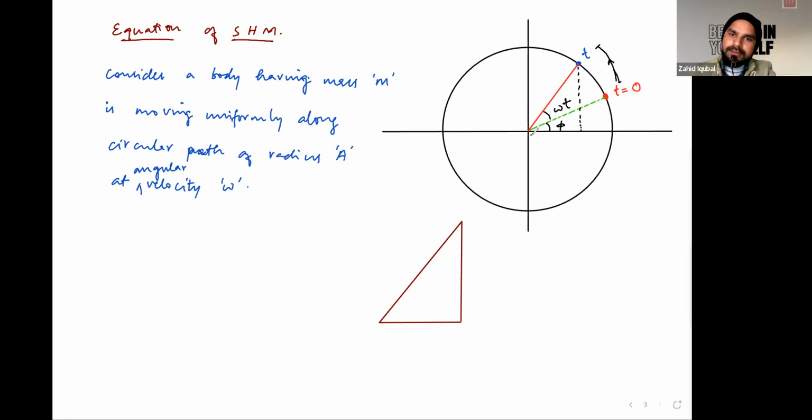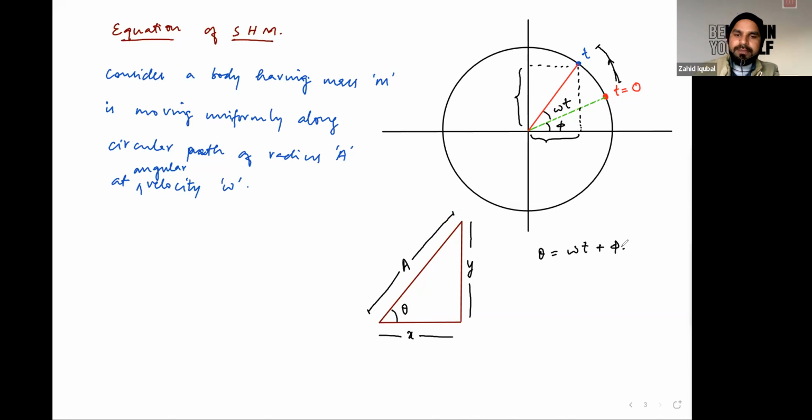This will be the horizontal projection along the x-axis, and this will be the vertical projection along the y-axis. So this will be x, and this will be y. The radius of this circular path is A. Total inclination will be theta. So theta is equal to omega t plus phi.